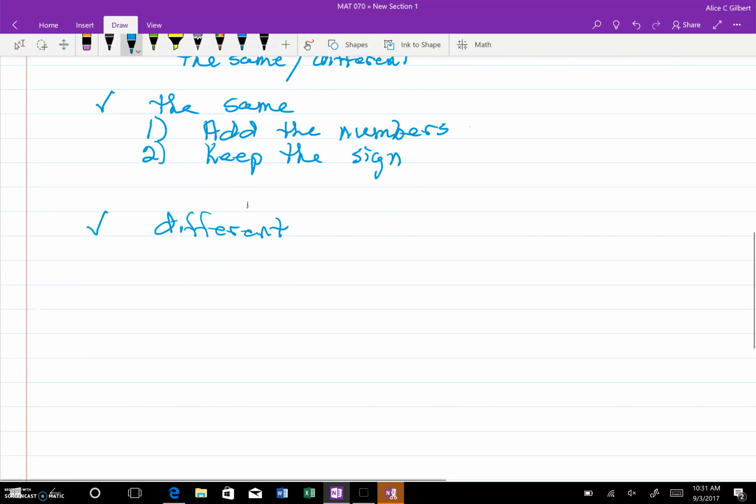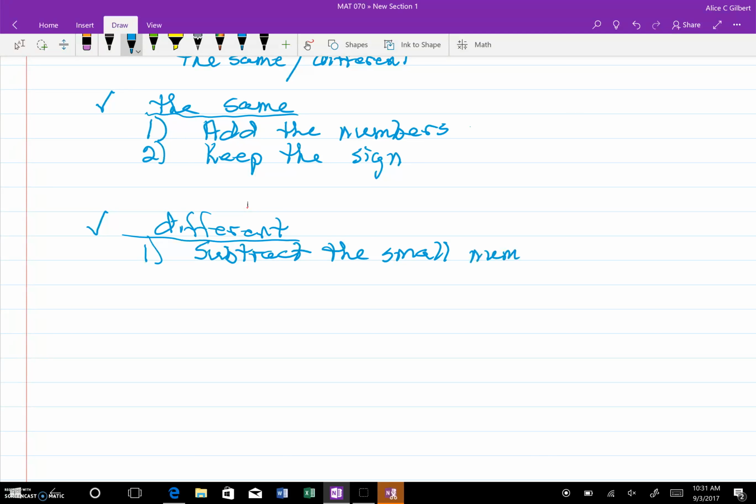Once again, we've got two rules. The first rule works with numbers, and the second rule works with the sign. So the first rule is: if the signs are different, subtract the small number from the big number.